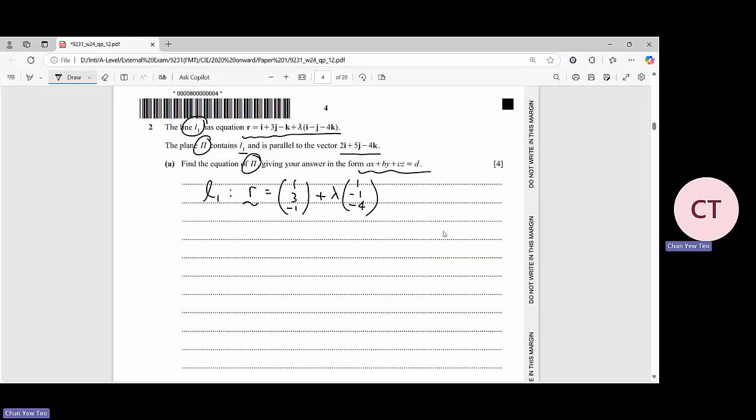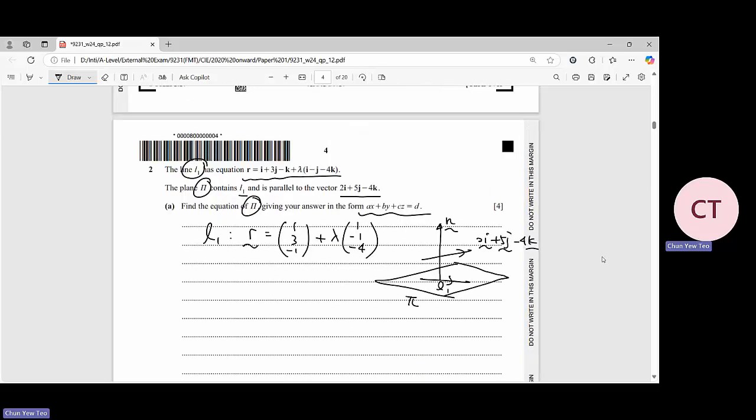Okay, so you can see that the question mentioned that this plane pi contains L1 and is parallel to the 2i plus 5j minus 4k. So we need to do the cross product in order to get the normal vector.